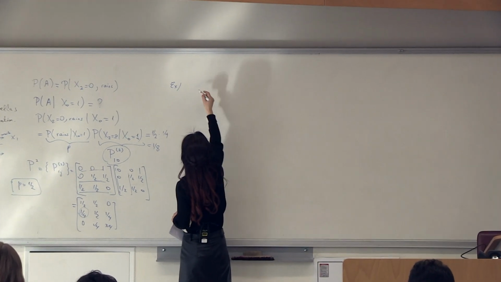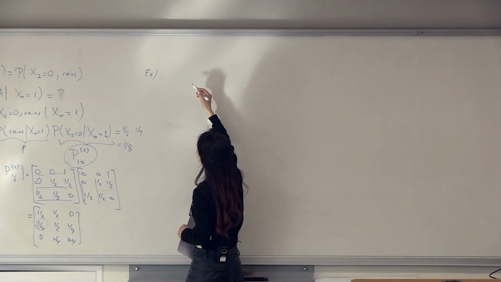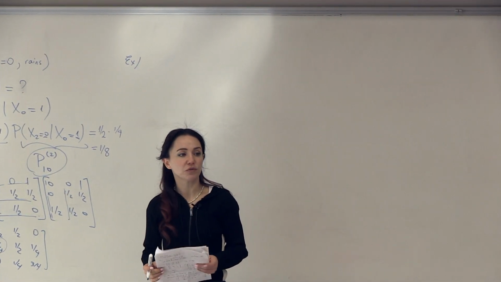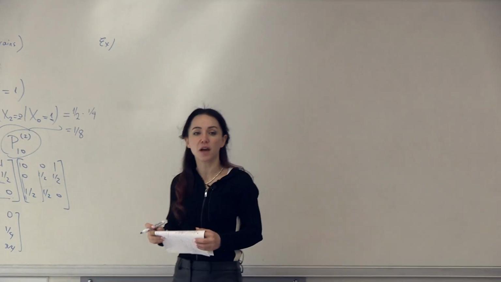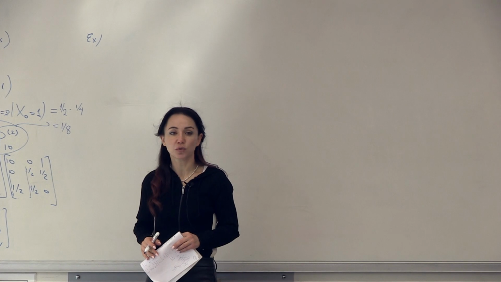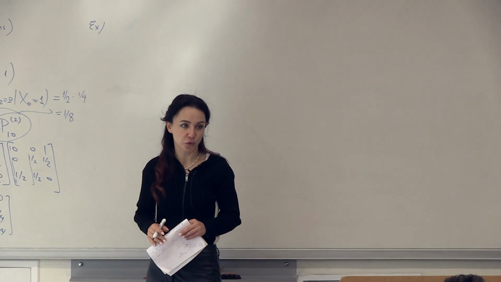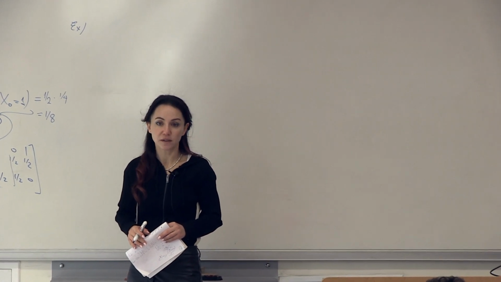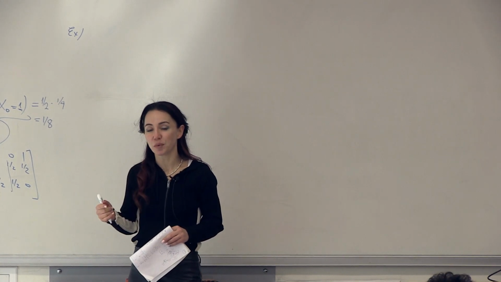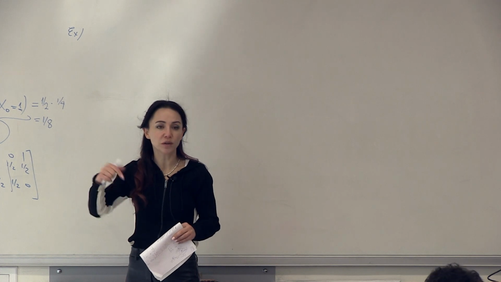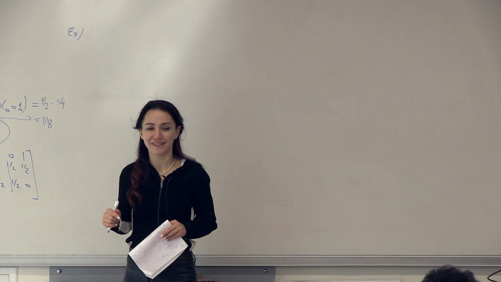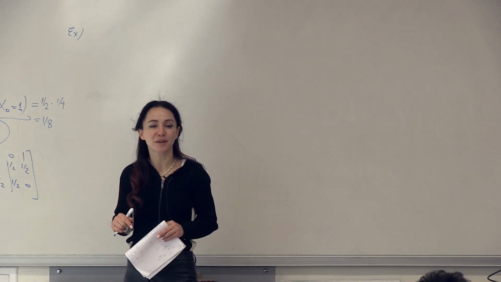So let me verbally say it, and then we can draw the Markov chain. Every time Burak takes the class 202, he is going to pass with probability 0.2. If he fails, he will either take it again or quit his major with equal probability. So, what is the underlying Markov chain?